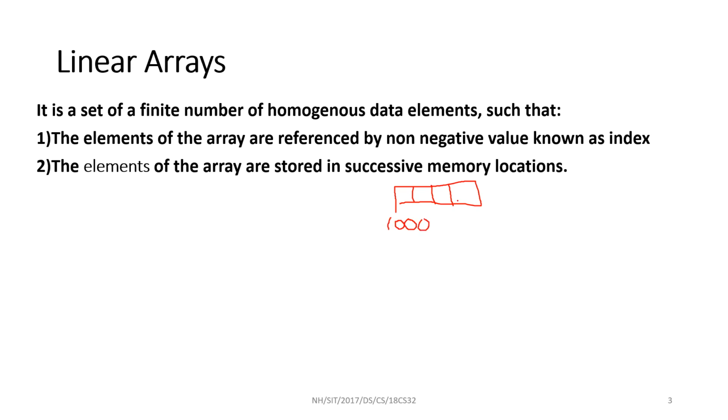So these 4 locations are allocated to the first element: 1000, 1001, 1002, 1003. Next, from 1004, the second element starts. That is, 1004, 1005, 1006 and 1007. The elements of the array are stored in successive memory locations, one after the other: 1000, 1004, 1008, like that.